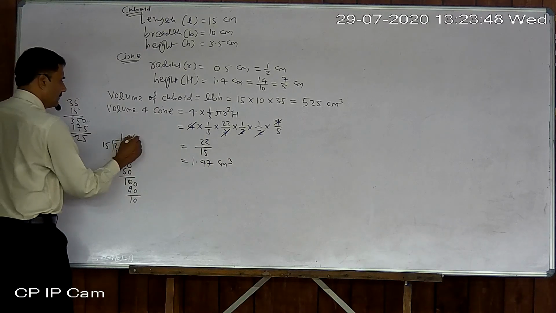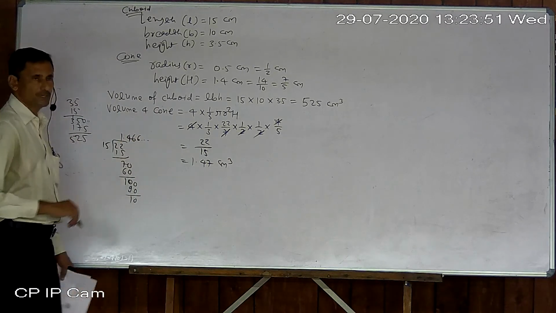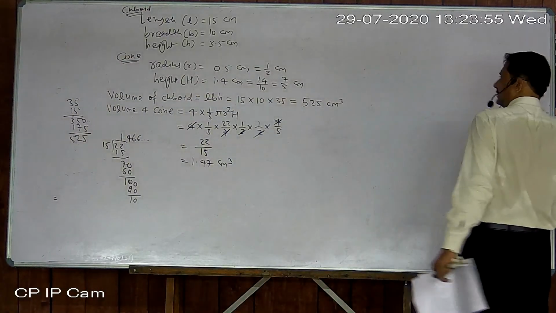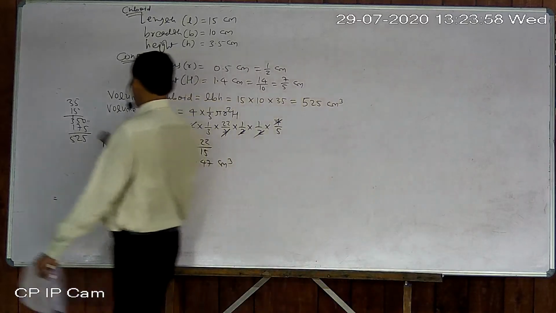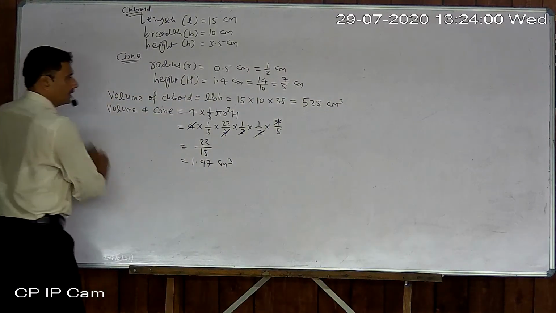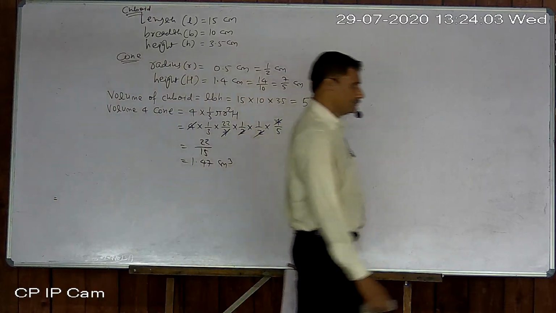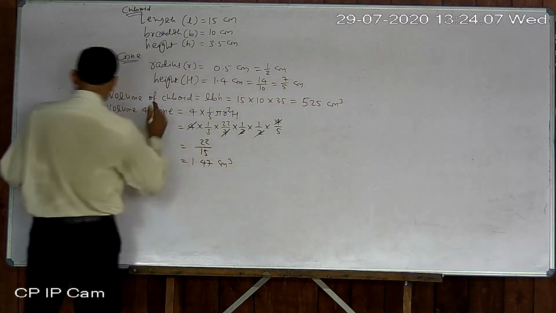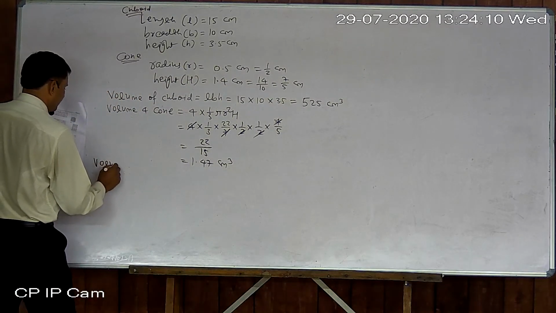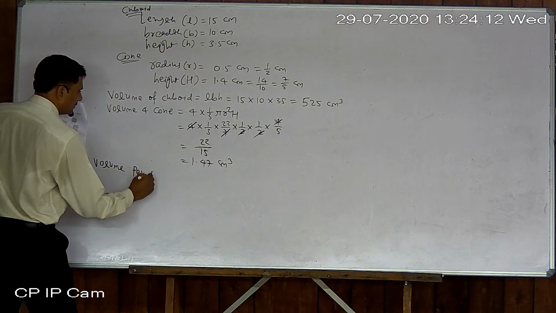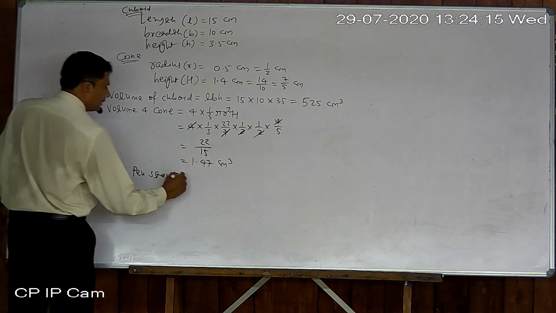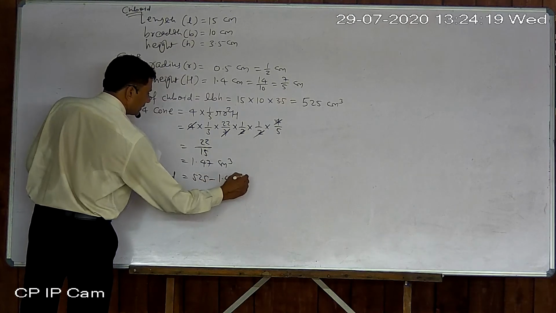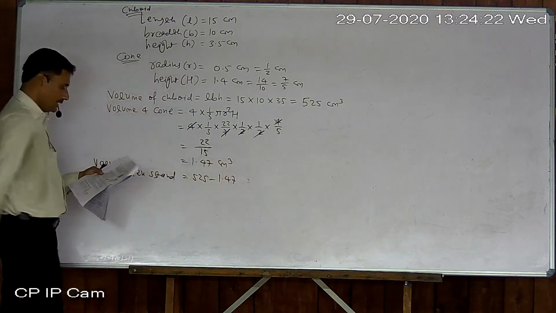I just rounded up because the next digit is 6. Now after subtracting, you find the value of the remaining, meaning the wooden pen stand. So our final answer, the volume of the pen stand, we will subtract: 525 minus 1.47 centimeter cube, but we will do that later on.